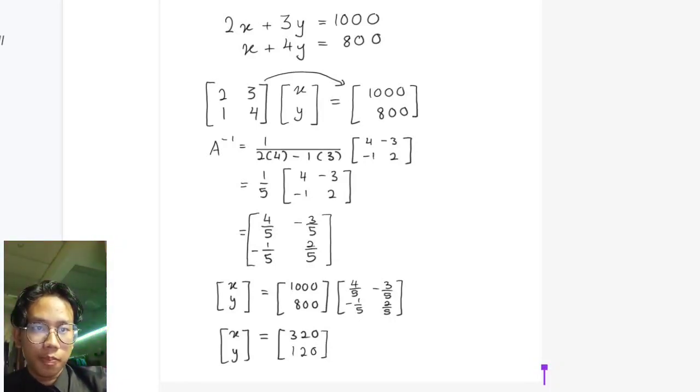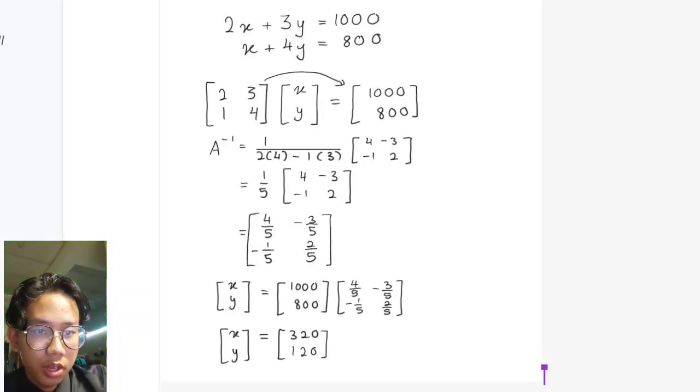The formula is 1 over 2 times 4 minus 1 times 3, and multiply the matrix -3, -1 and 2.